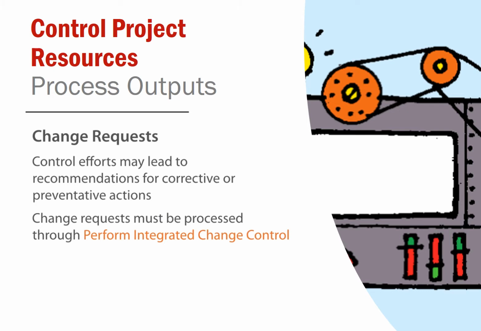Change requests are processed for review and disposition through the Perform integrated change control process. There might be various approvals involved in approving a given change request. The project manager needs to navigate through them and ensure that necessary approvals are gained in order to proceed with the changes.